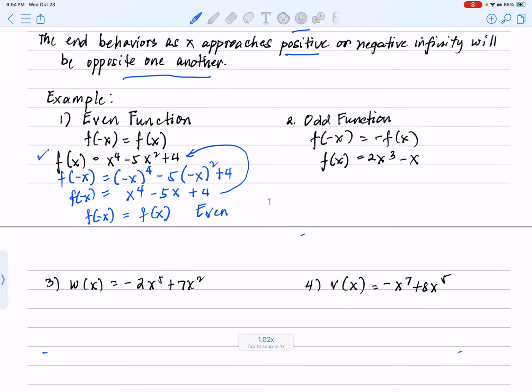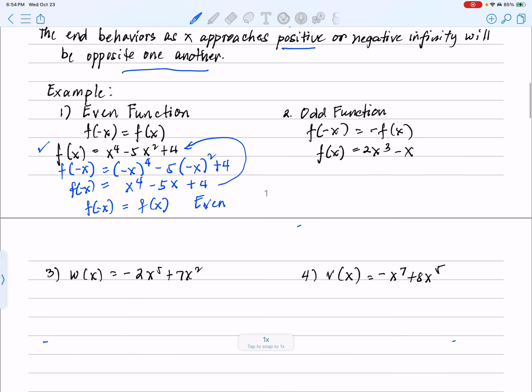Okay, let's have an example of an odd function. In an odd function, f of negative x is equal to the negative of f of x. As I've said, when the negative x is substituted into the given function and its terms come out opposite, then it is an odd function.